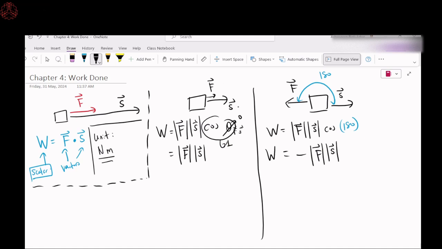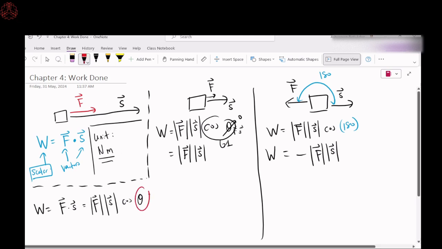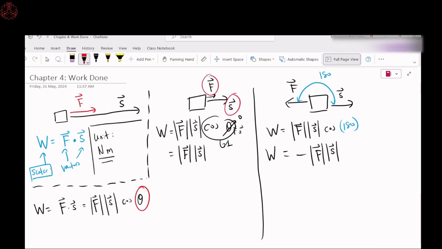It's particularly important for you to know that when you expand F dot S, you have the magnitude of F, the magnitude of S, and then cos theta. It's very important for you to realize that this theta is the angle between F and S. If they're in the same direction, you'll have 0 degrees, so cos 0 is 1, which is just positive.